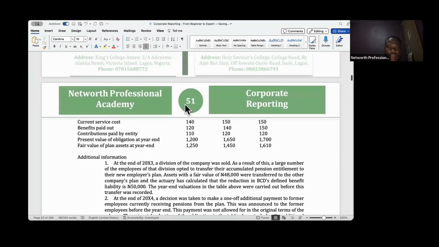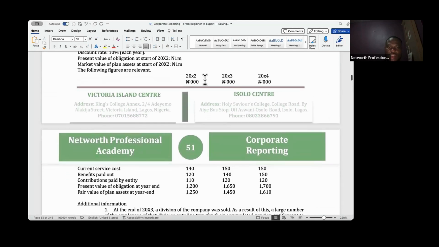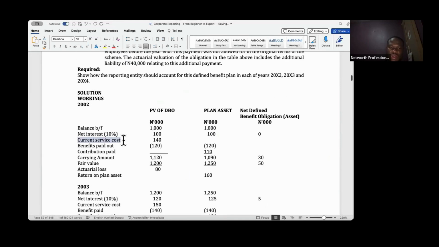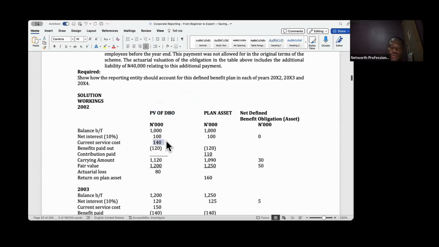Then in 2002, they gave me a current service cost of 140. So I have my current service cost. That has to be added to your PV of defined benefit obligation, 140.